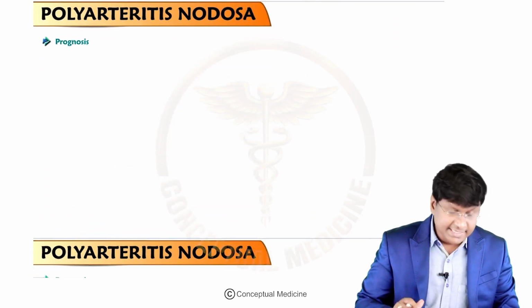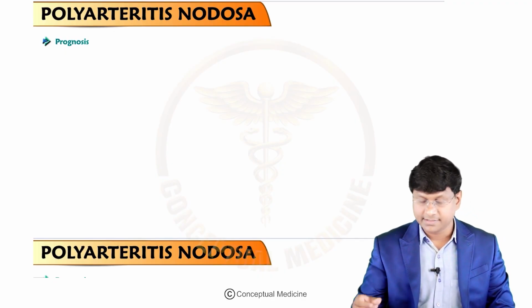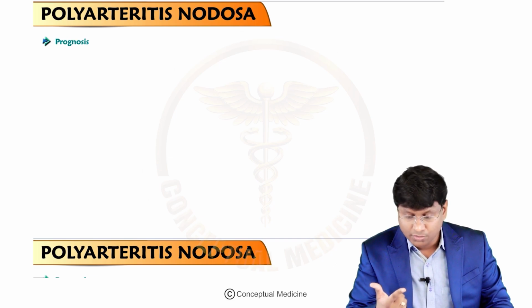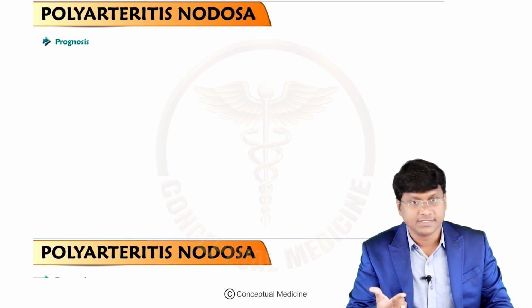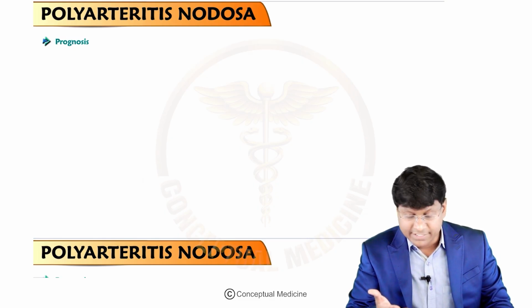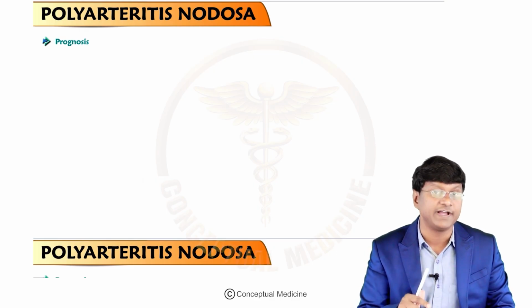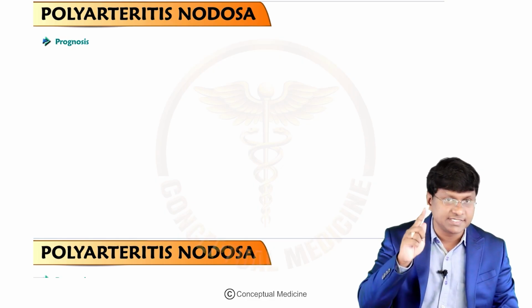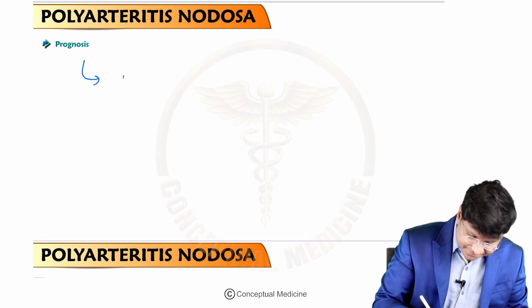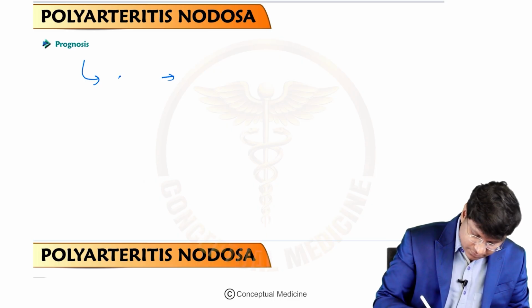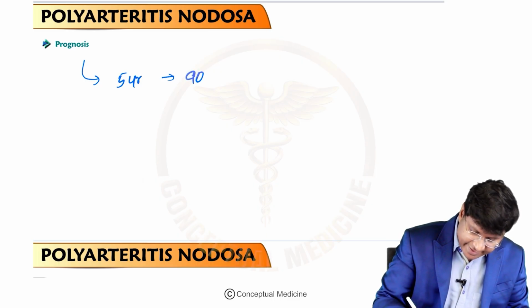And in the absence of these 5 factors, that means there is no cardiac involvement, no CNS involvement, no chronic kidney disease, no proteinuria, and no gastrointestinal ischemia, the 5-year survival rate is nearly 90%.